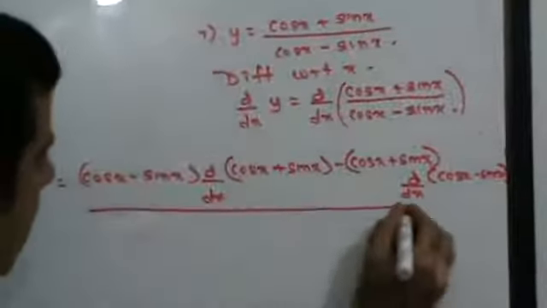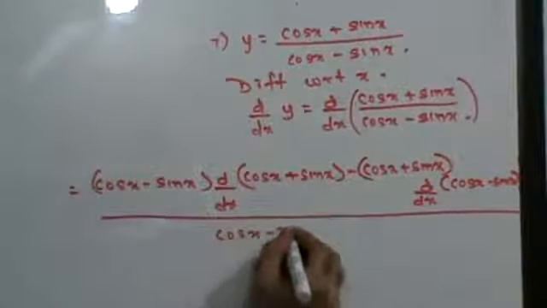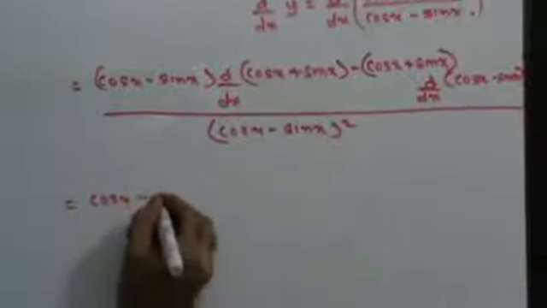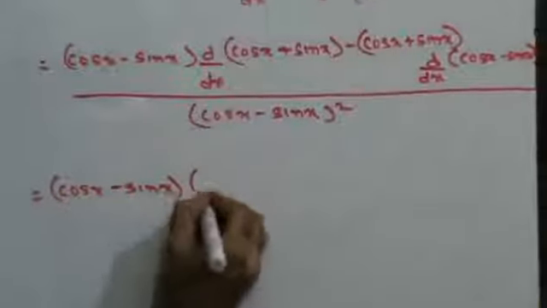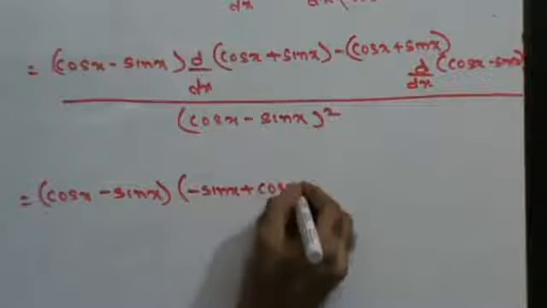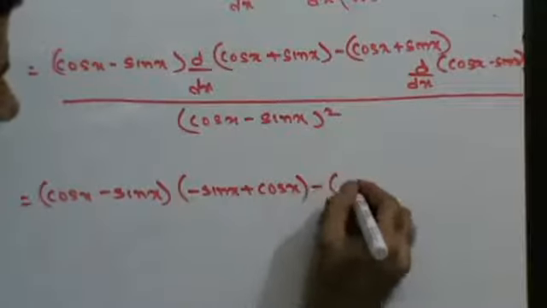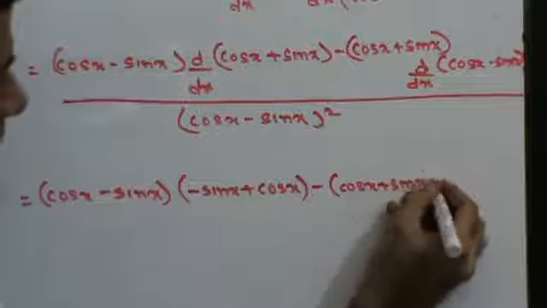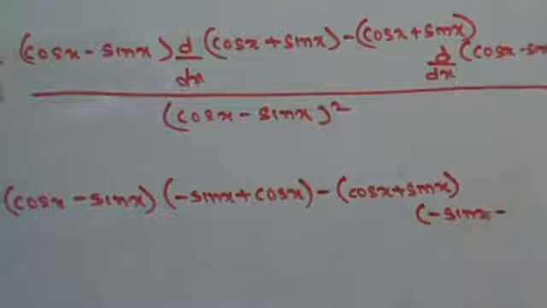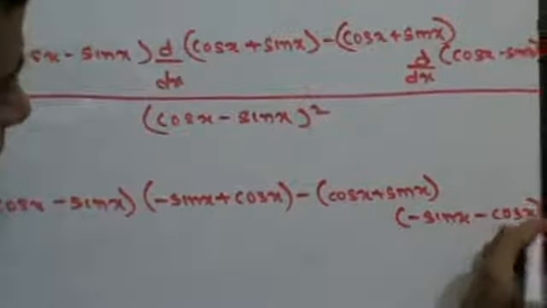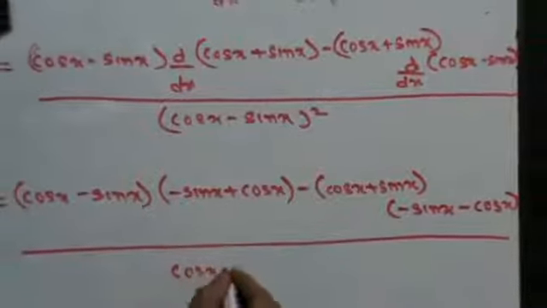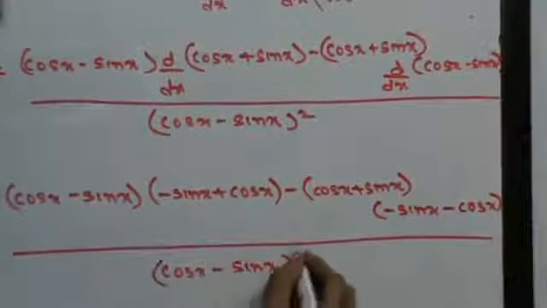upon v square, cos x minus sin x the whole square. This is nothing but cos x minus sin x, d by dx of cos x is minus sin x plus d by dx of sin x is cos x, minus cos x plus sin x into d by dx of cos x is minus sin x minus d by dx of sin x is cos x upon cos x minus sin x the whole square.